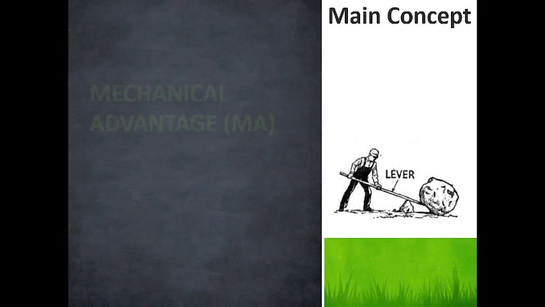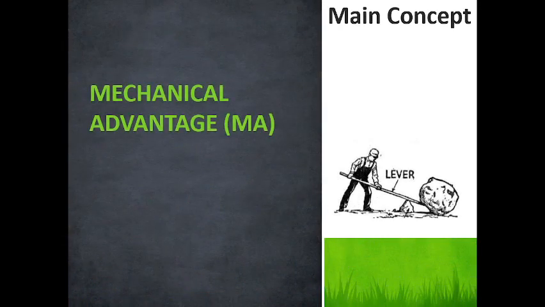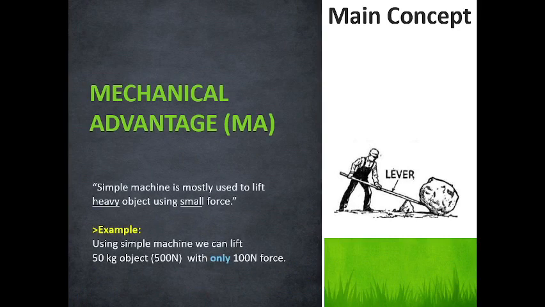Let's start with lever. Oh yeah, there is a term, mechanical advantage. Mechanical advantage means how many times easier we can lift the object. For example, mechanical advantage 5 means it is 5 times easier.